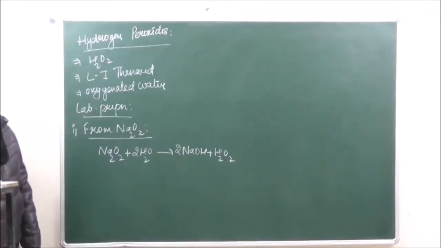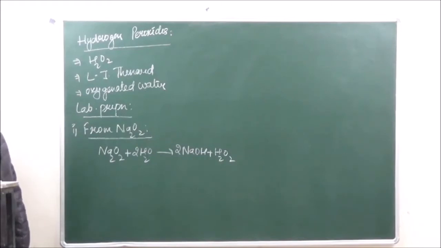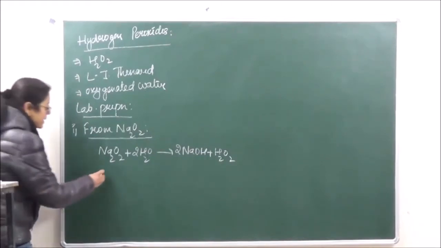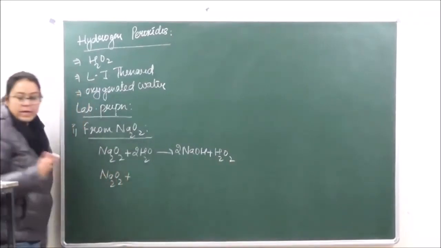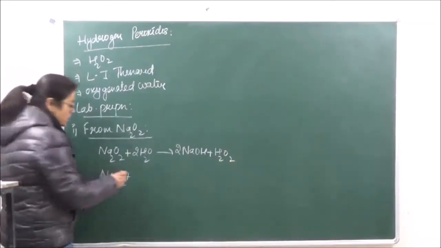Now sodium peroxide in small amounts at a time is going to be added to cold 20% sulfuric acid such as to get H2O2. So this is one method, or you can also react sodium peroxide with H2SO4.